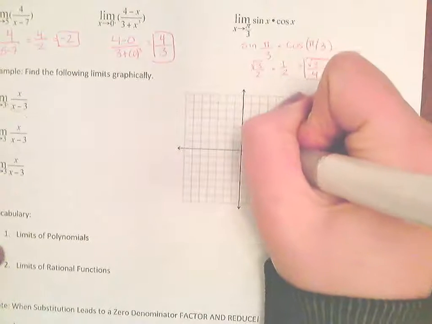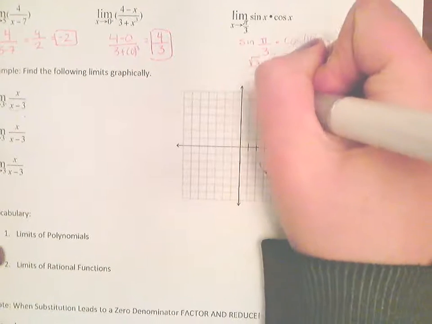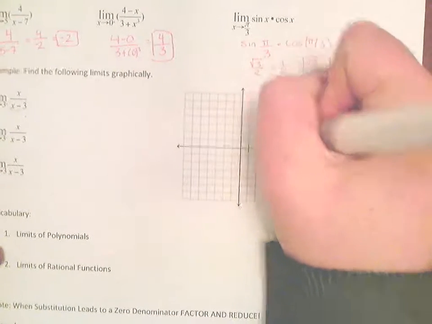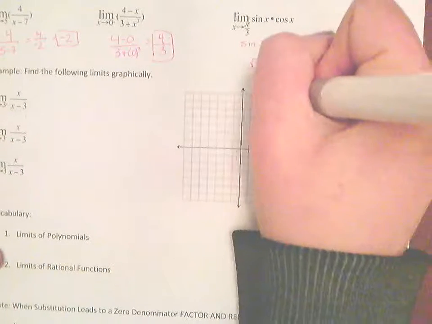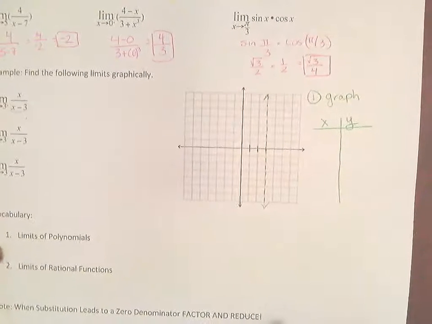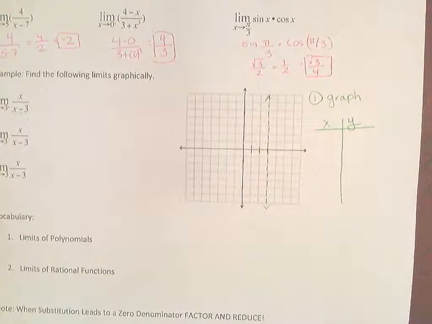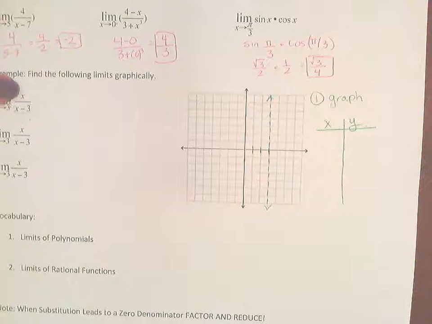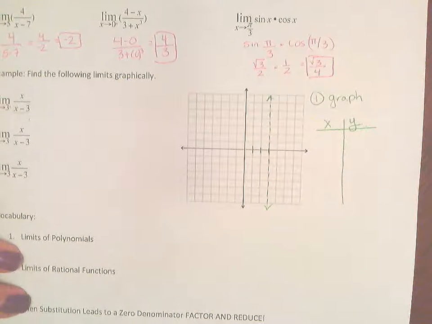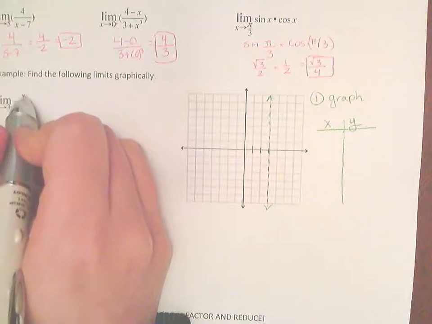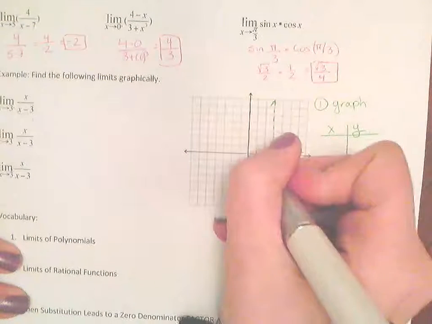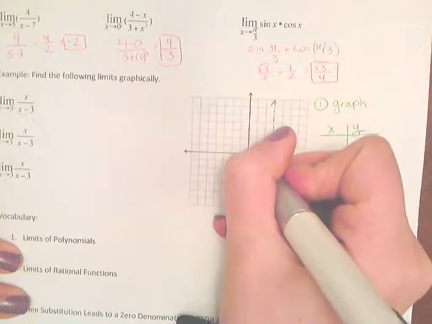So I'm going to graph my asymptote right now, right at 3. I know there's an asymptote right there. And if you remember, the zeros of the numerator give you an actual zero on the graph. So I know that this graph has an x-intercept right there.